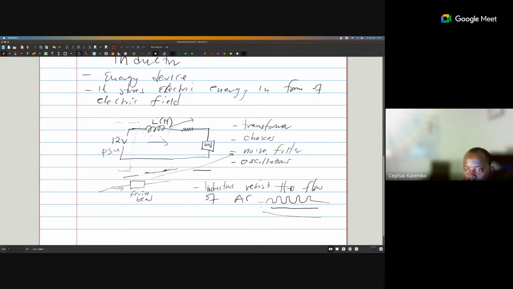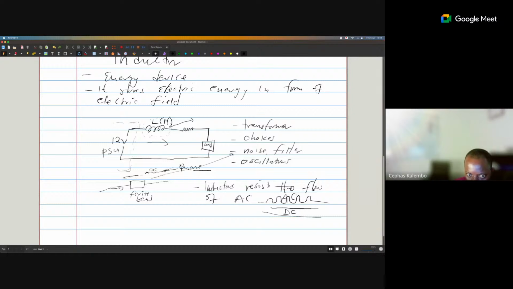Now, what you're saying here is that this inductor allows the flow of DC and it resists the flow of AC. Because this AC has those ripples, it is restricted in terms of its flow. So in this example, when you're charging your phone, this ferrite is going to clear out those ripple signals nicely, because it resists the flow of AC.